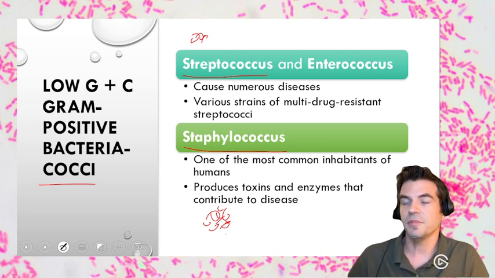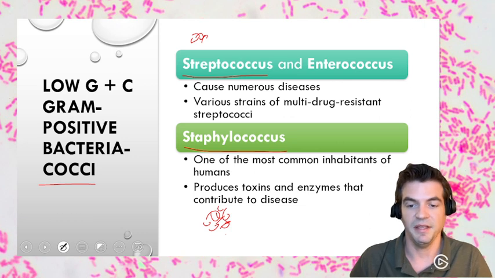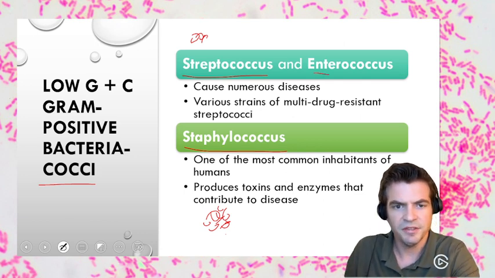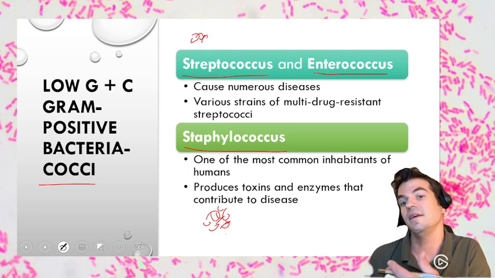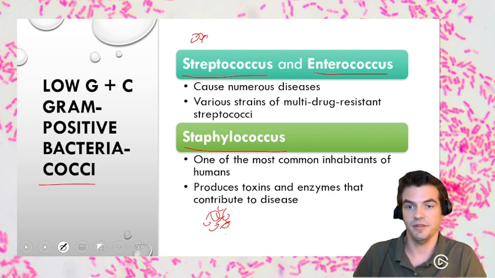Those aren't the best drawings, but my touch pen isn't the best. But staph and strep are low GC gram-positive bacteria, and Enterococcus are a part of diseases that can be found in the stool.